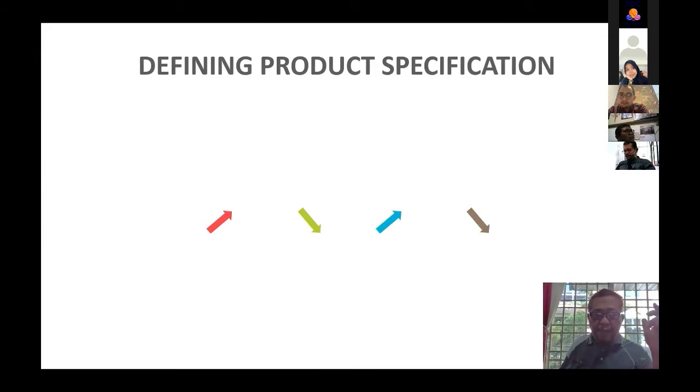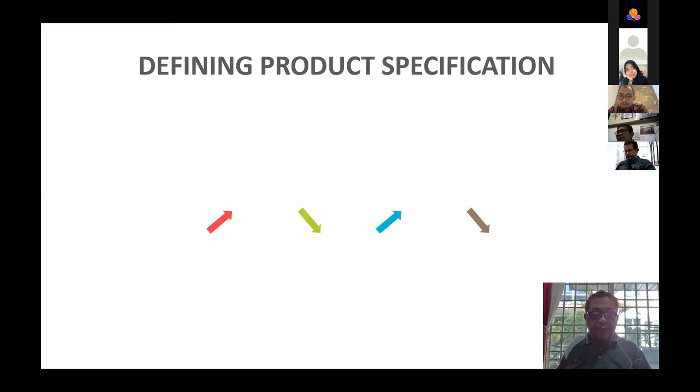After knowing the customer's requirements, the next thing is to define the product specification. Okay, the first thing before you define the product specification is to know what the characteristics of the product are that are needed. Right?